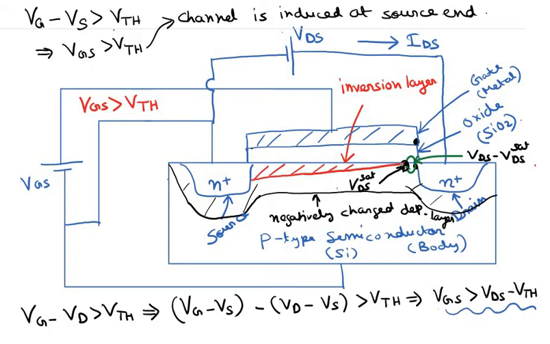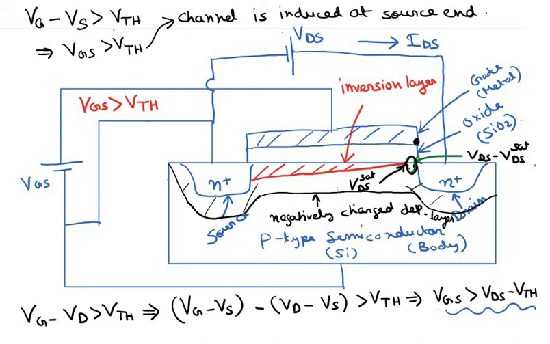So if that point has the same voltage irrespective of the value of VDS, then the average electric field across this conductive channel would be the same, and the excess electric field VDS minus VDS set would drop in this region which is devoid of any channel, or where depletion charges have exposed themselves.